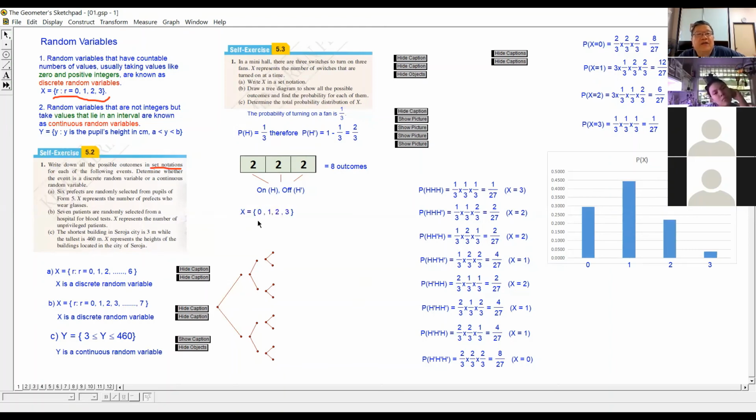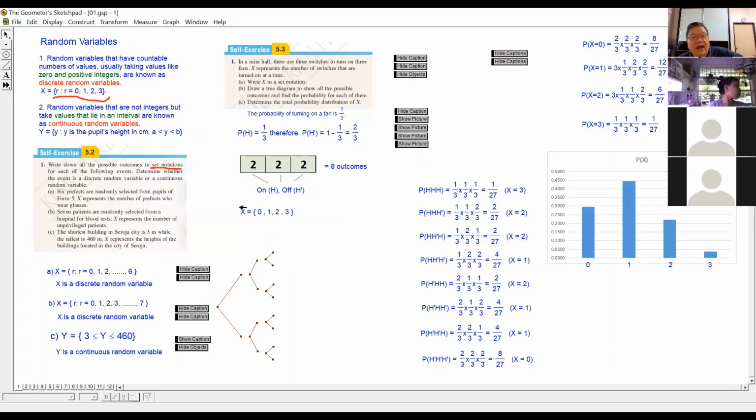So the number of fans that are on is 0, no fan on; 1, only one of them is on and the other two off; 2, two fans on and one off; or 3, all three fans on.